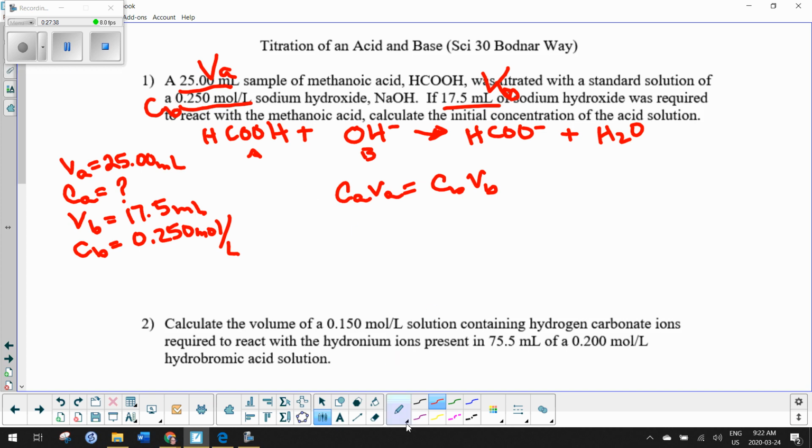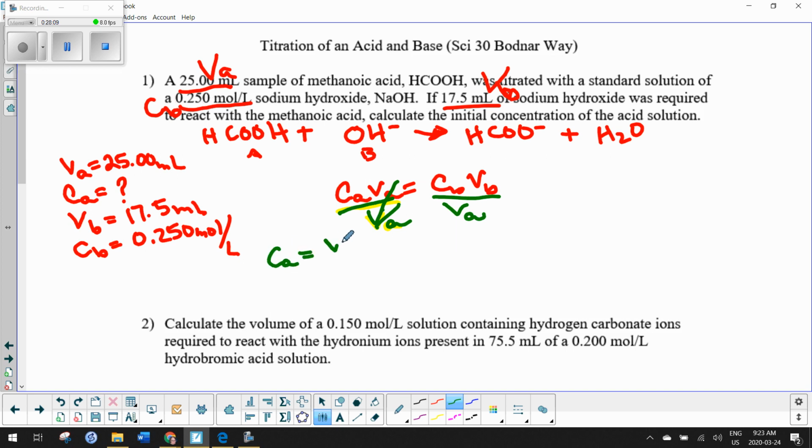So I'm trying to solve for CA. CA and VA are being multiplied. So in order to get CA by itself, you have to do the opposite, which is divide. So we need to divide by VA. That's a bad color, I'm sorry guys. So I'll just change it, divide by VA. What you do to one side, you always do to the other. Now VA is over here, cancel. Now you just rewrite your equation.